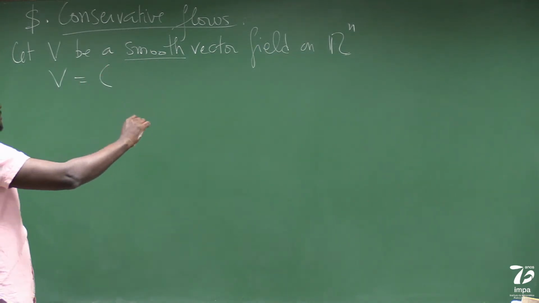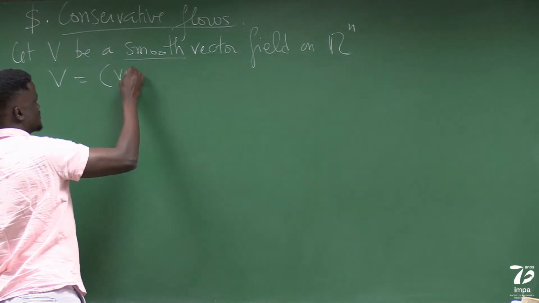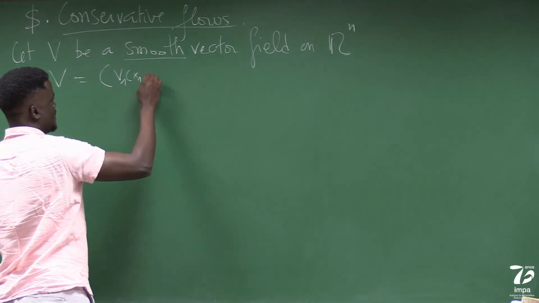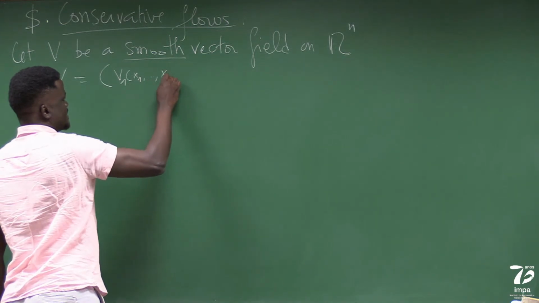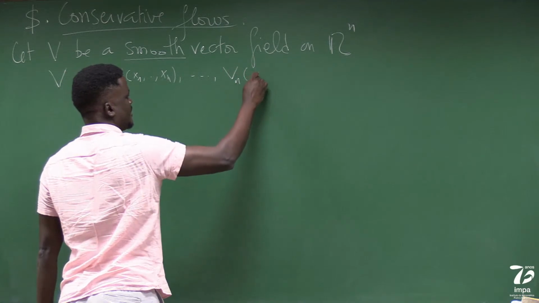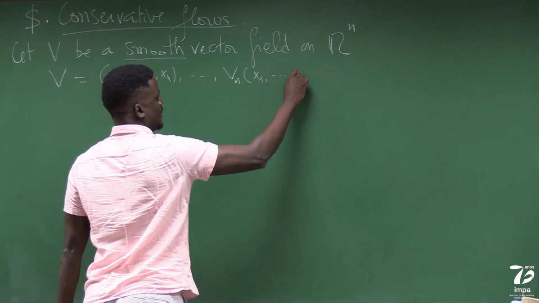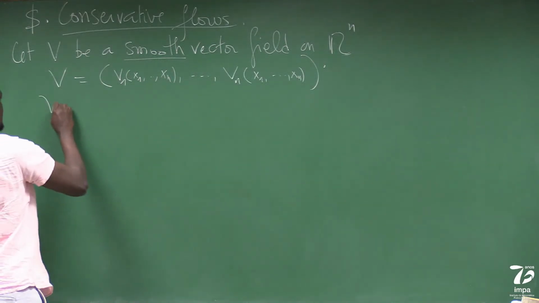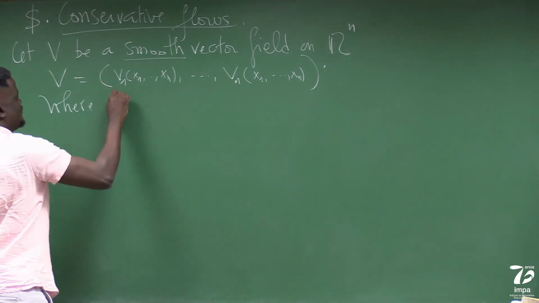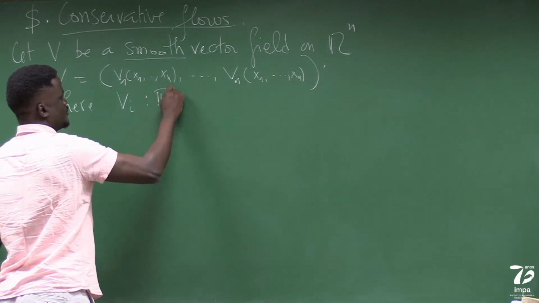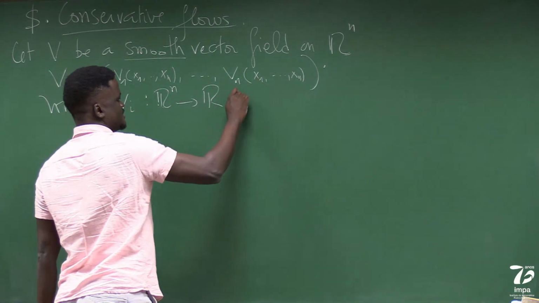I'm on the Euclidean space, so I have the usual coordinates: V of x1 to xn equals V1 of x1 to xn, up to Vn of x1 to xn, where each Vi from Rn to R is a smooth function.